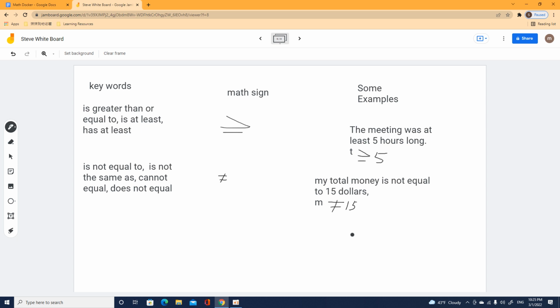Now, following, I give you some example about how to use all of this information together. I give some example about the math word problem. For example, the first one, it says 3 more than 3 times a number.